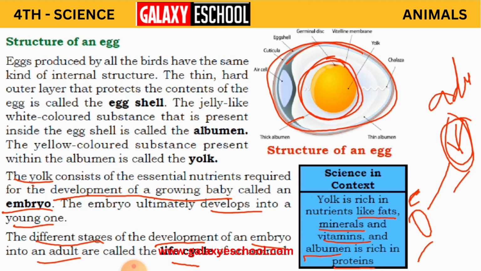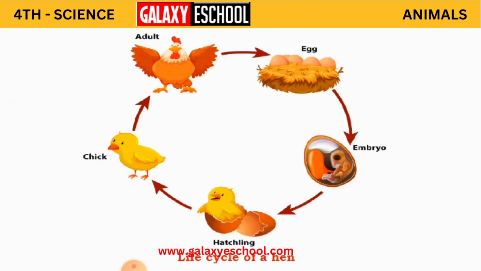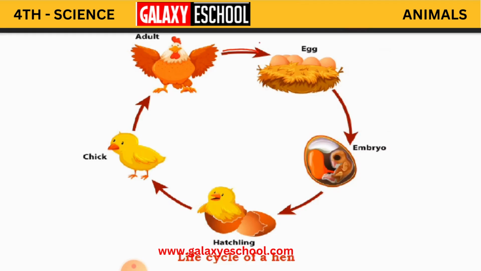Okay children, now we'll move on to the next slide. As we said, the life cycle. What is this life cycle? The life cycle of a hen. If you see, first an adult hen is there. This adult hen has laid eggs, and these eggs have developed as embryos.